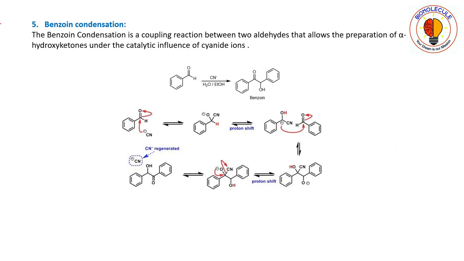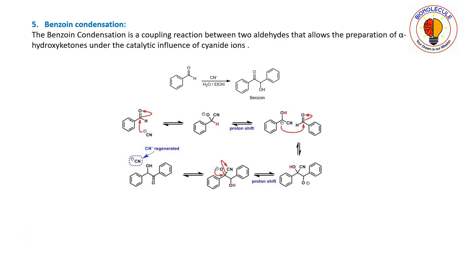Now moving to benzoin condensation. The benzoin condensation is a coupling reaction between two aldehydes that allows the preparation of alpha hydroxy ketones under the catalytic influence of cyanide ions. So here cyanide ion is the nucleophile, and we are having an alpha hydroxy ketone as the product.